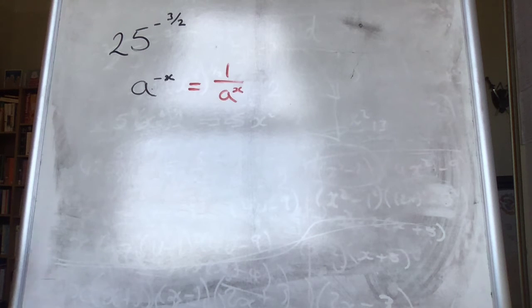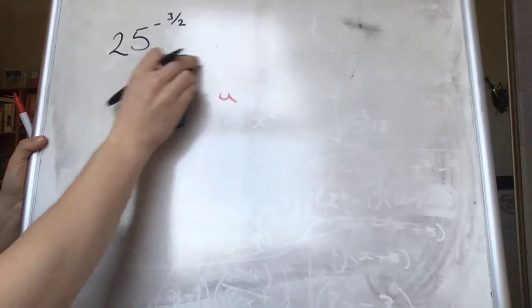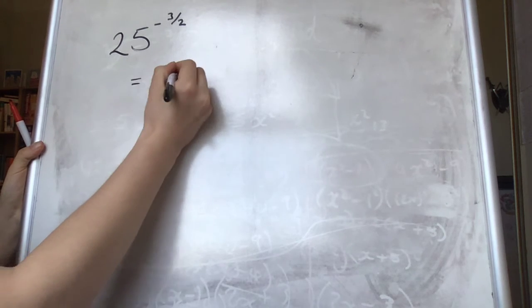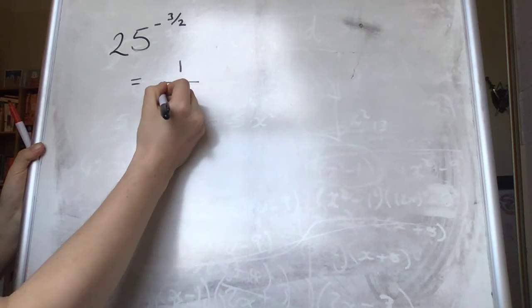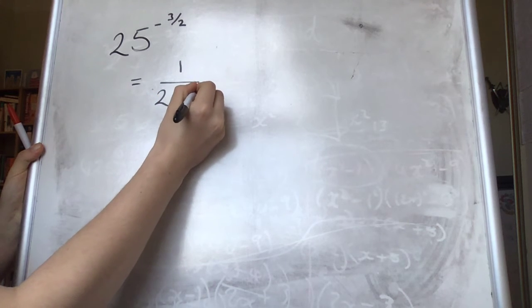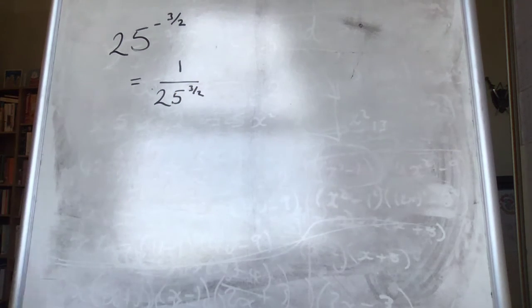So we could therefore rewrite our expression here, 25 to the power of minus 3/2, as equal to 1 over the same base to the power of the positive indice, 25 to the power of 3/2.